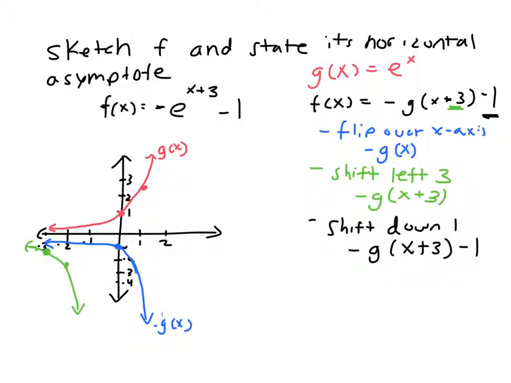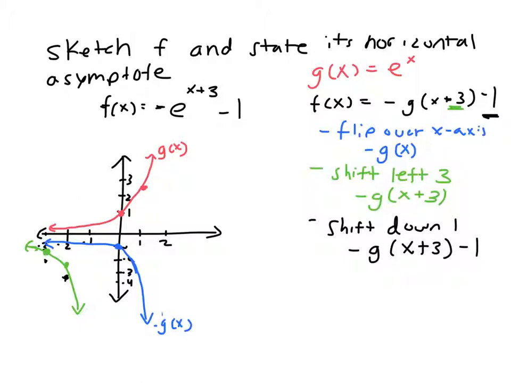Last thing is shift down by 1. So now instead of this point here being at negative 3, 1, it's going to be at negative 3, 2. That's the shift down. This point also will shift down 1. If I had graphing paper, this would be a little easier, but you can get an idea of what it looks like.